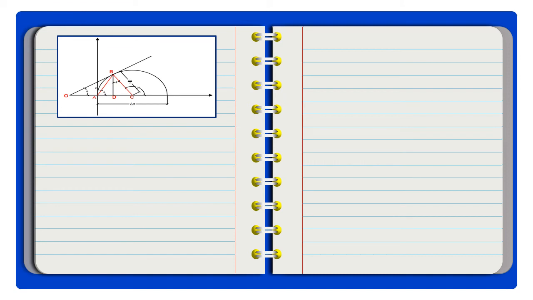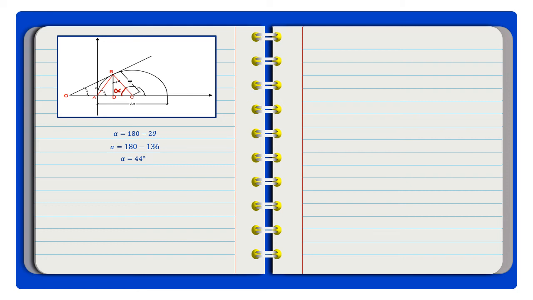Kung may 2 theta tayo dito, we can use its supplement, yung angle alpha, para makuha yung angle of internal friction na required sa atin. So, creating an equation, we could have alpha is equal to 180 minus 2 theta. Then, substituting 2 theta, we will have alpha is equal to 180 minus 136. Then, calculating, we have an alpha equal to 44 degrees.